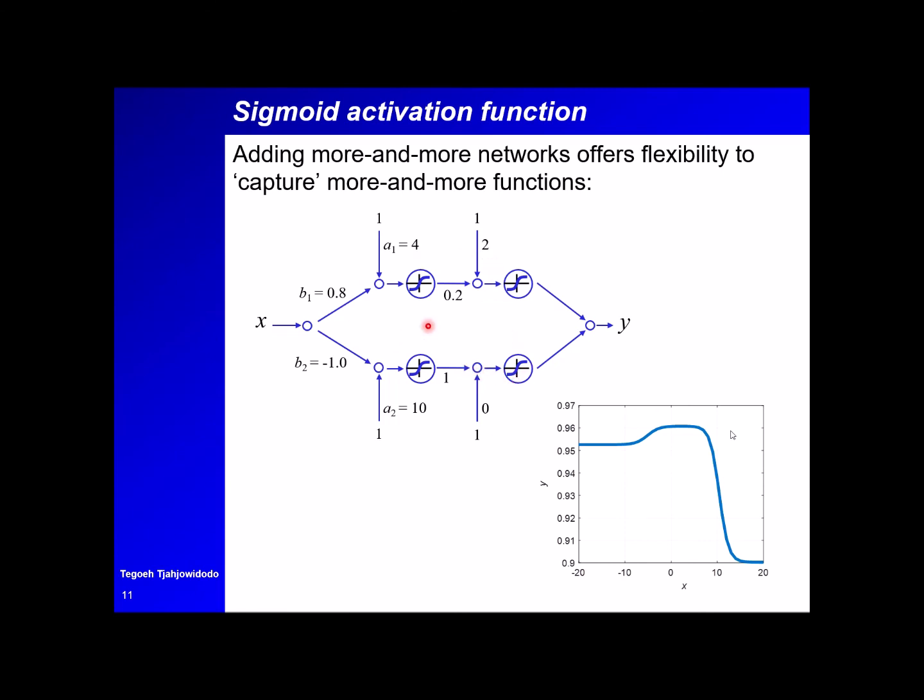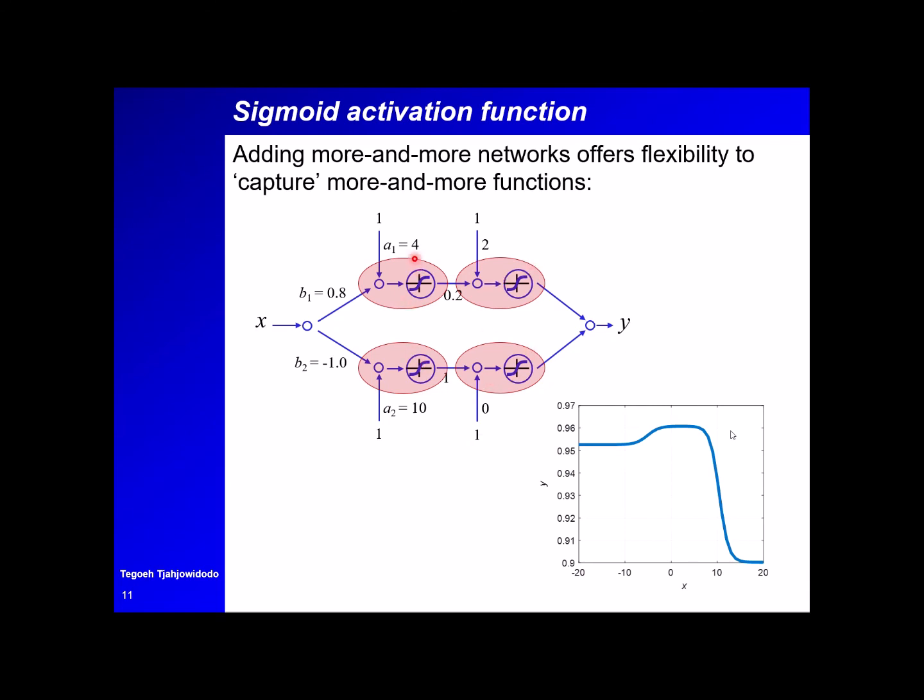By using this, I can capture an even more complex relationship between Y and X. So I introduce more flexibility in my model in that way.